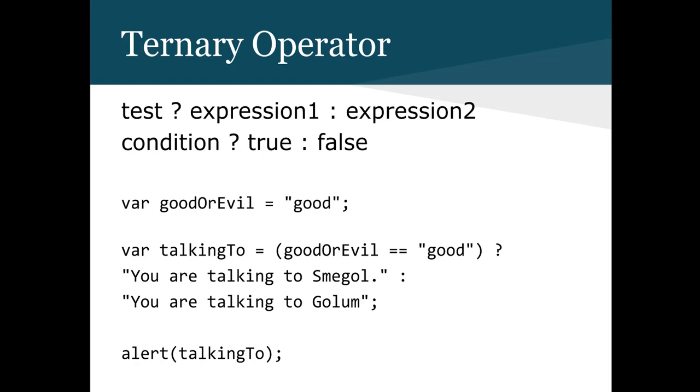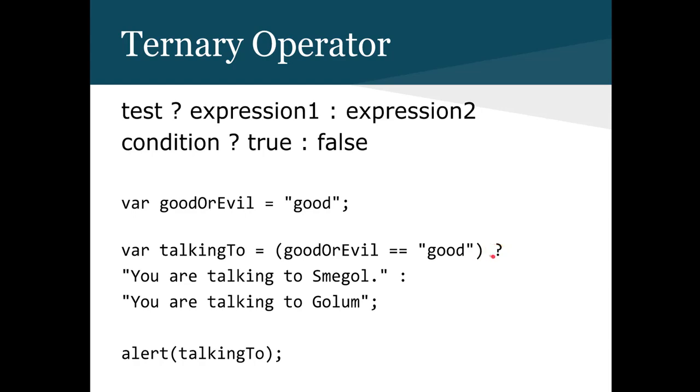So we have a variable called good or evil, and it's currently set to the value of good. So I want to assign talking to let me know who I am talking to. So here's my assignment operator. I'm going to check to see is good or evil equal to good?